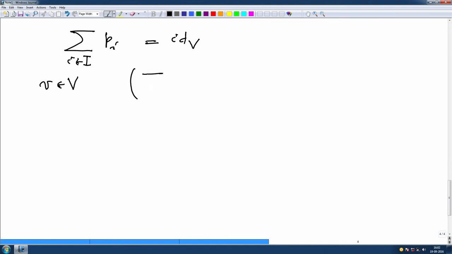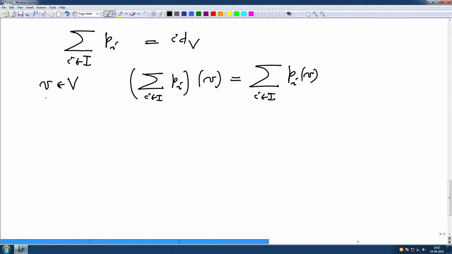So, we should check that for any v in V, both sides are equal. You evaluate this sum of Pi, i in I, on v, and by definition it is summation Pi v. And what is Pi v? Pi v will only be, when you write v as a finite sum, only those components coming there. So, this is nothing but summation Ui, i in I, but this is v, because v is uniquely written as summation Ui.